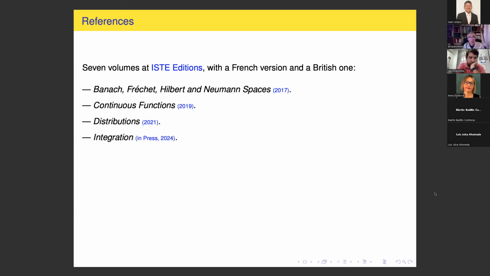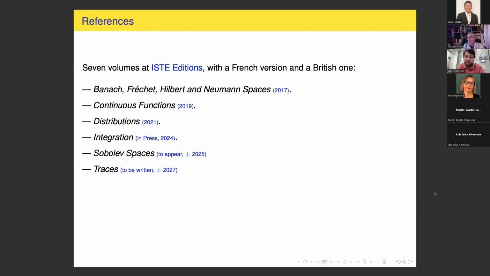And the fourth book, which is in press, I have given it to the editor this afternoon, so it is not available, but in some months it will be available. The next book, which I am writing, is on Sobolev spaces with values in a Neumann space.